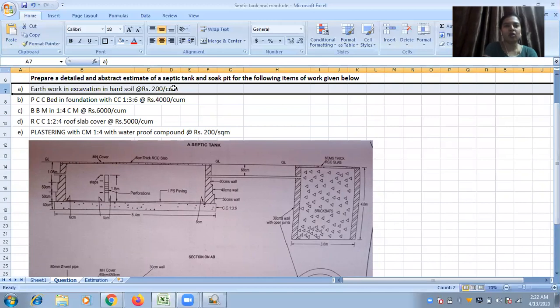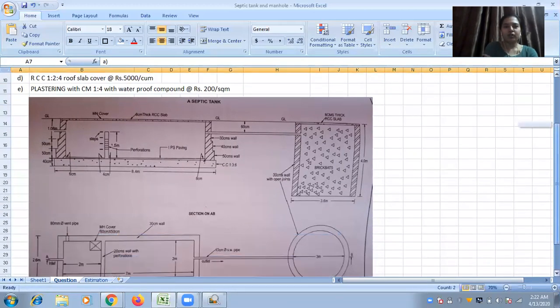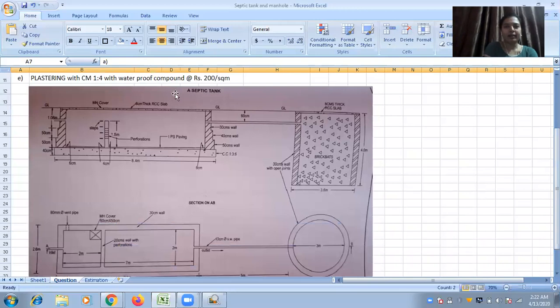That means you have to give the volume of earthwork. Always you have to remember that to calculate the earthwork, you have to check where is the ground level in the given diagram. Here in the cross section, you can observe the ground level is here. You need to give length, breadth, as well as depth.